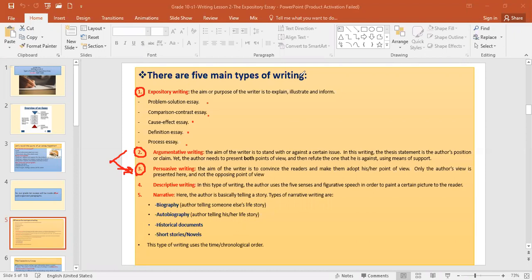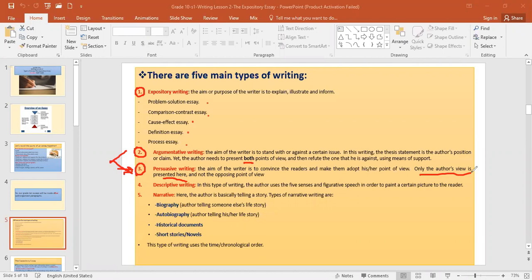Yes, in argumentative writing, if Sharif is going to write about how awesome LeBron James is, he would also need to include in one of the paragraphs how maybe Michael Jordan was a better player. But then what would he do? He would refute this. He would present a refutation to this idea. That's argumentative writing. You need to present both points of view. In persuasive, you're only presenting your own point of view, which is much easier.